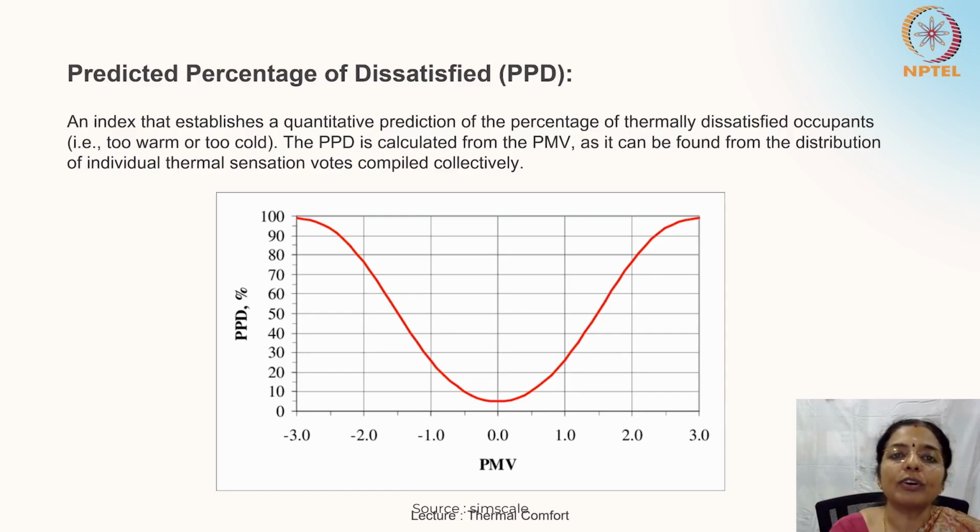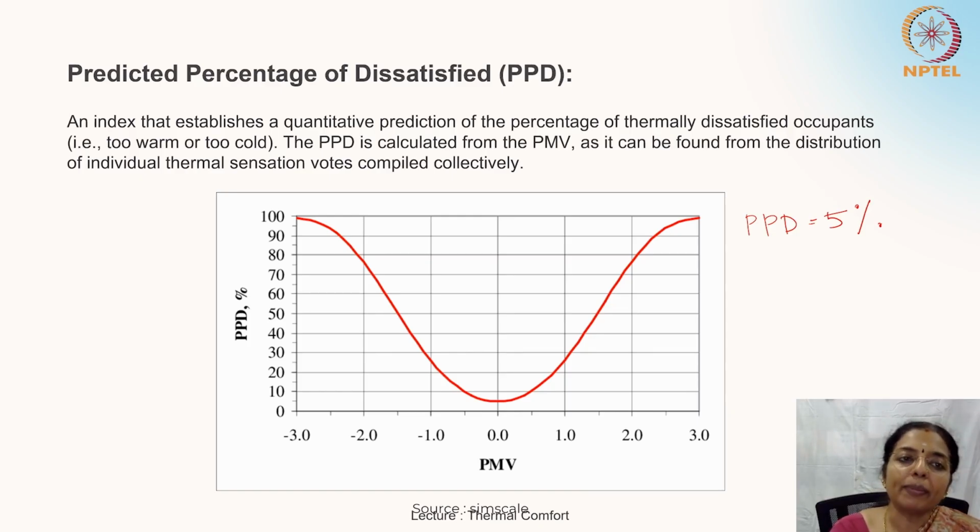A PPD of 5% is an ideal range where only 5% of people are predicted to be uncomfortable. The target is to maintain PPD value below 10 to 20%.